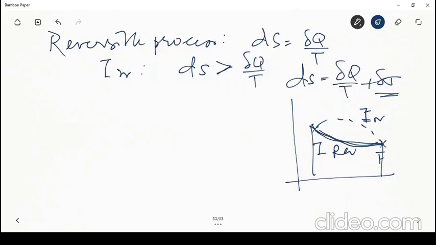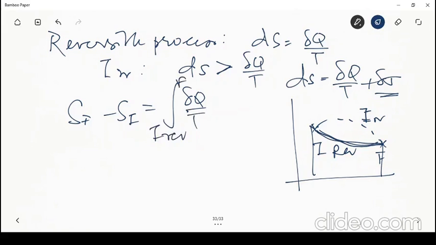So let us say SF minus SI is equal to the integral of delta Q by T from I to F through the reversible path.